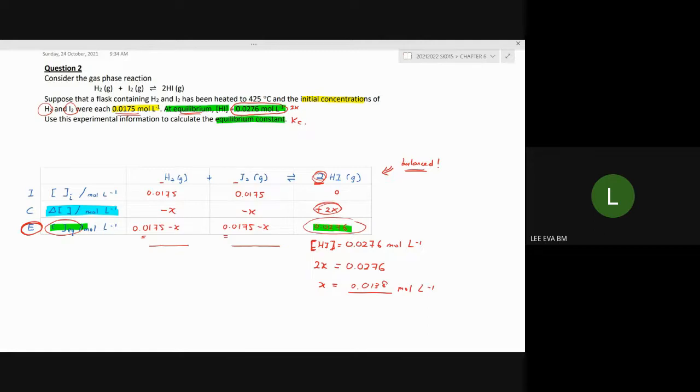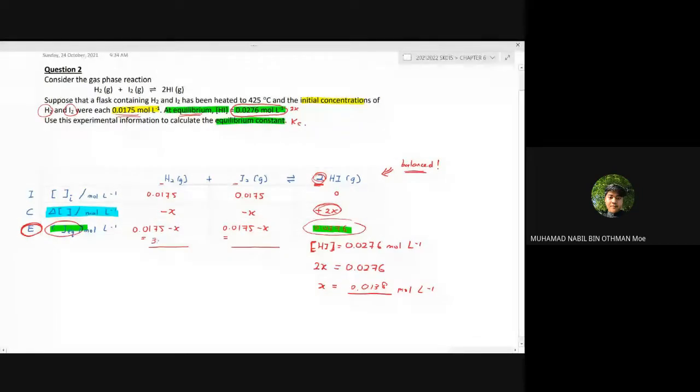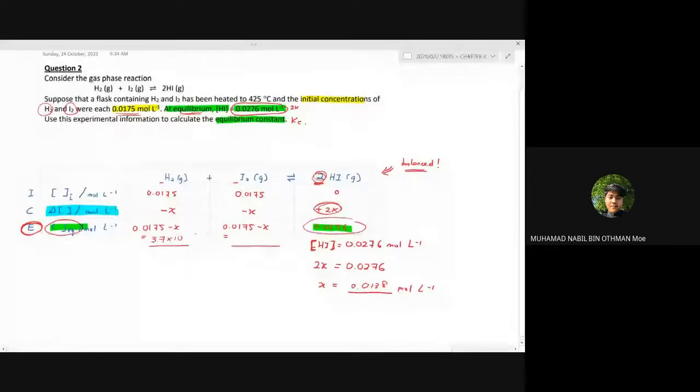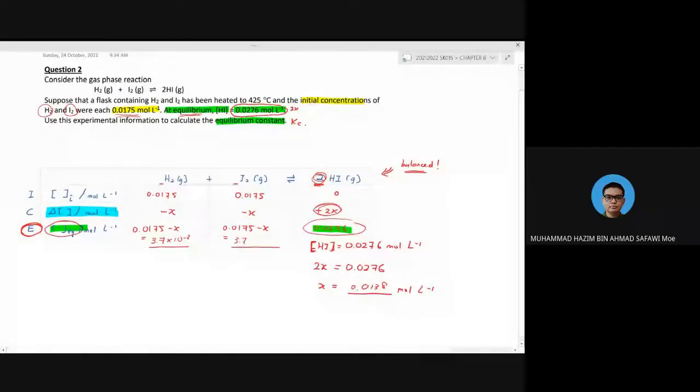0.0175. What's the value that you get? 3.7 times 10 to the power of negative 3. Yang lain dapat sama? Yes, madam.